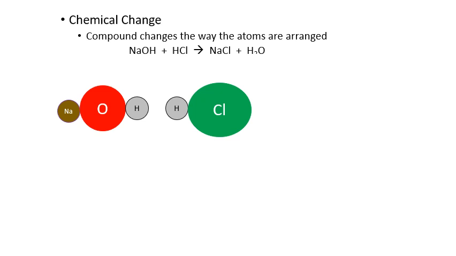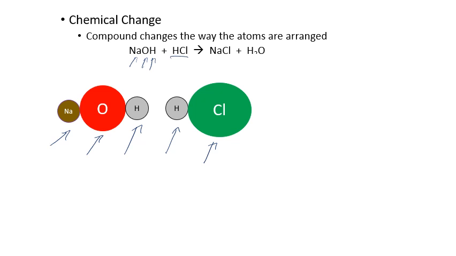Now this is different from a chemical change, where the atoms actually change locations and combine with something different. Here we have a sodium, an oxygen, and a hydrogen, and it's going to react with a hydrogen and a chlorine.